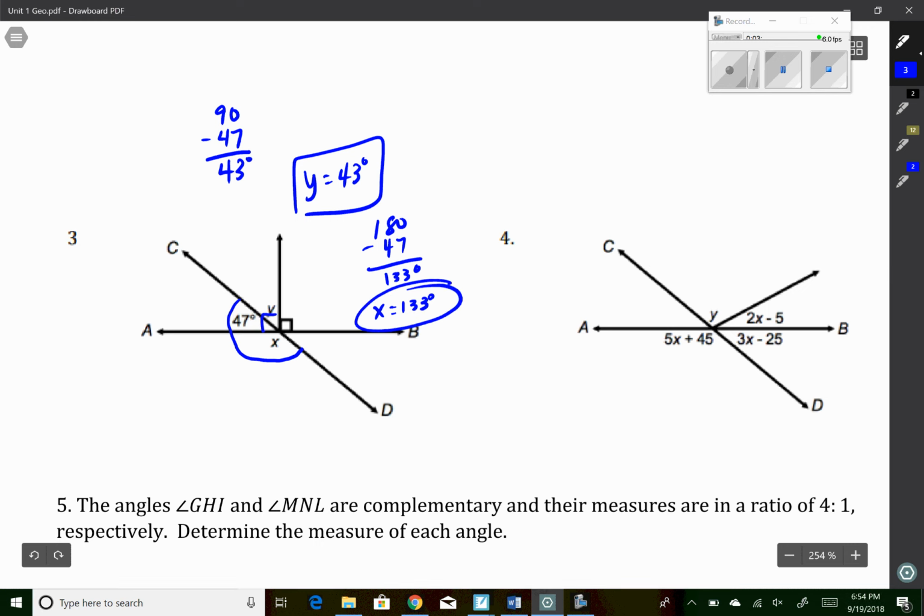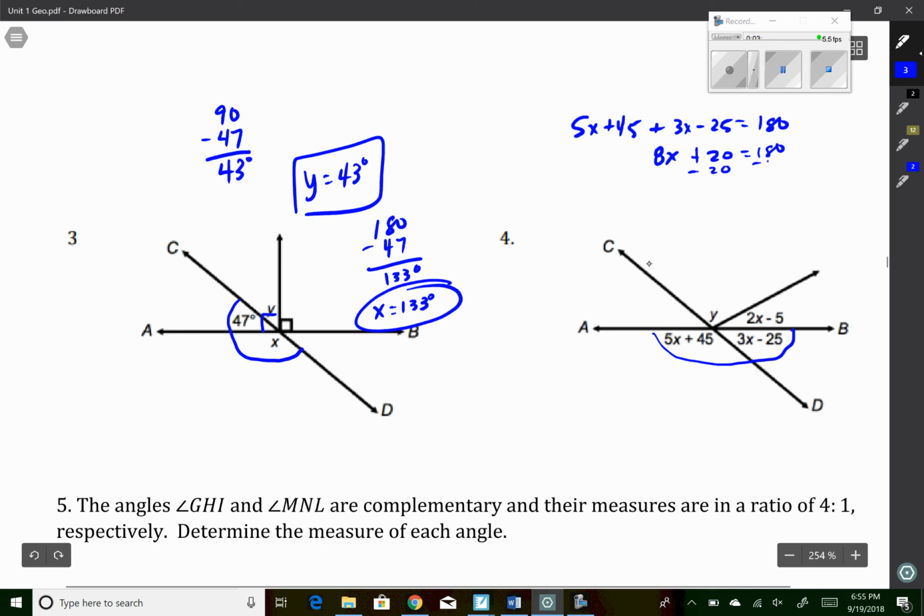Number 4's picture was just a bit confusing because of all the stuff going on. But if you take it easy, these 2 angles on the bottom make a straight line. So that means I know that 5x plus 45 plus 3x minus 25 adds up to 180. 5x and 3x combine to make 8x. 45 and negative 25 combine to make 20.